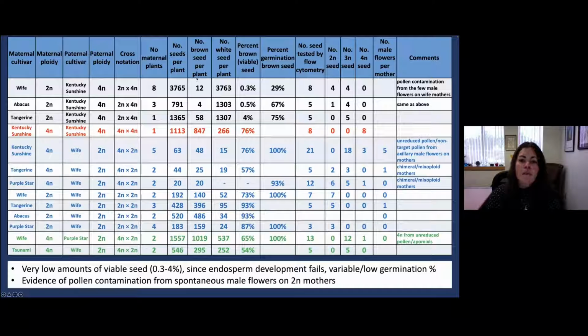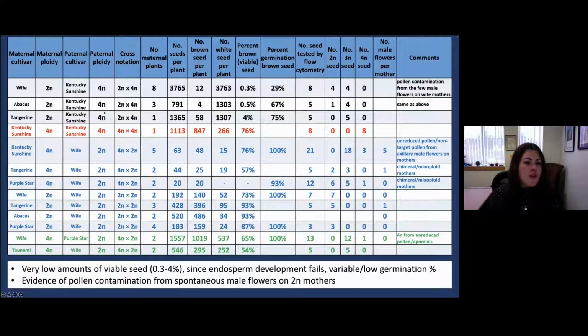These are the number of brown or viable seeds per plant, the number of tan or white non-viable seeds per plant, percent viable. We did some germination tests, and we've done some flow cytometry, which you see here, and then some comments, which just facilitates my discussion overall.